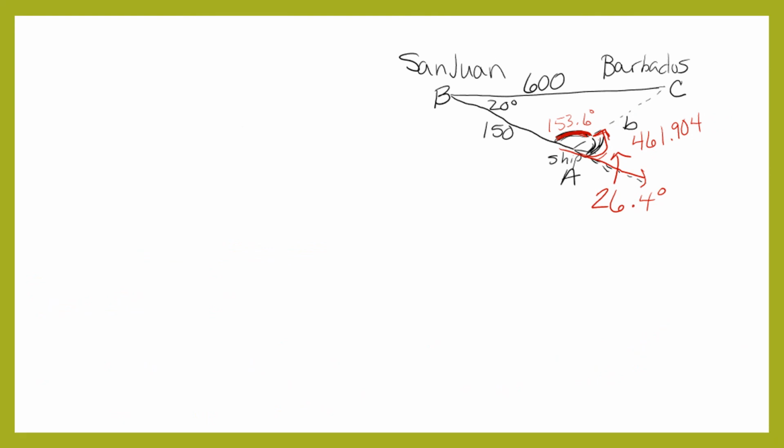Finally, how long will it take the ship to arrive in Barbados once they've made the course correction? So I know the distance that the ship is from Barbados is 461.904 nautical miles, and then we're going to divide that by 15 nautical miles per hour.